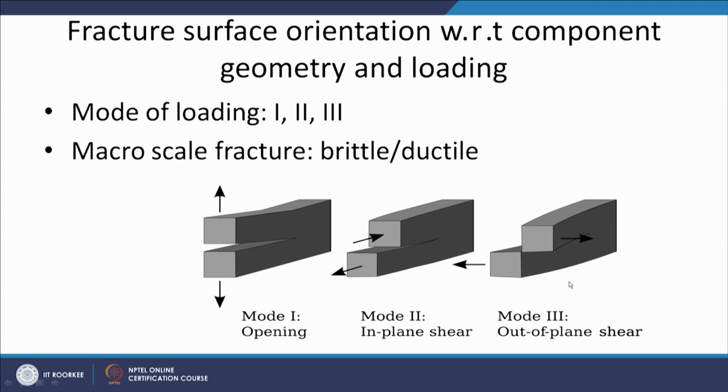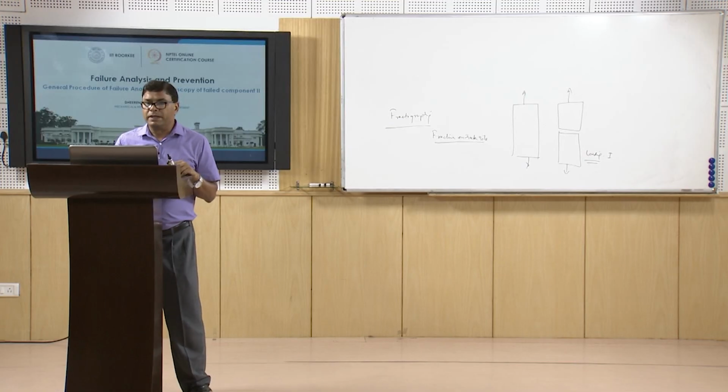So, in these two cases, mode 2 and mode 3, the loading is shear, and mode 1 loading is tensile. Depending upon the fracture surface orientation, we can identify whether the component has been subjected to shear load or tensile load.